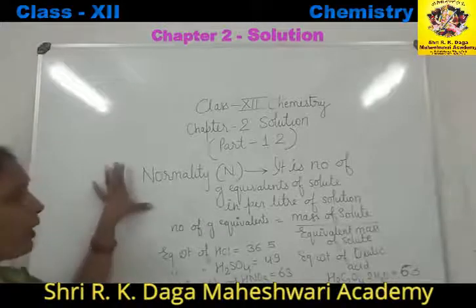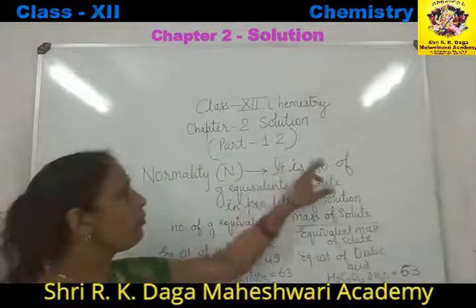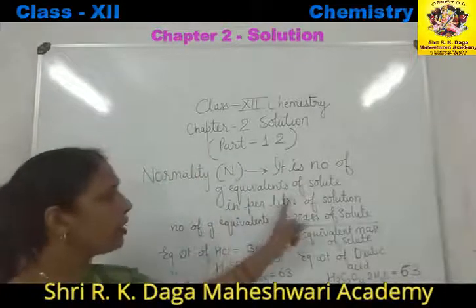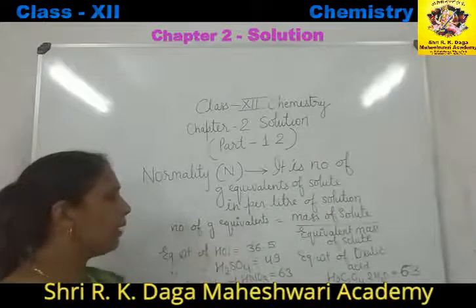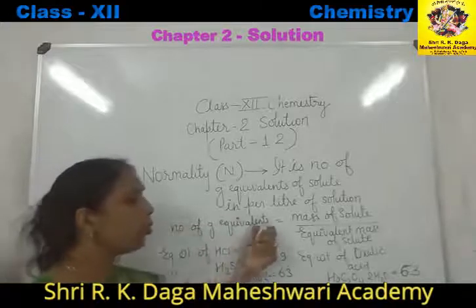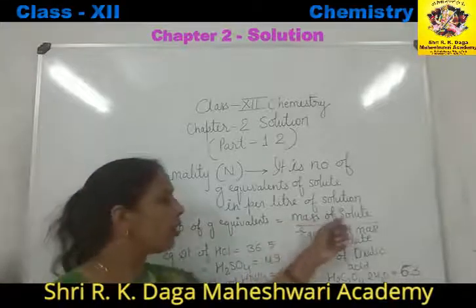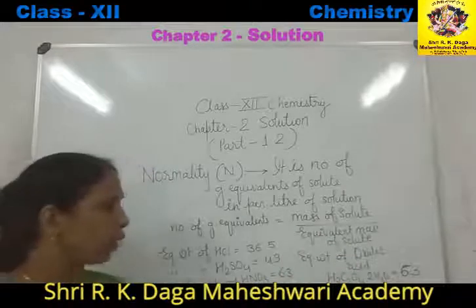So what do you mean by normality? It is the number of gram equivalents of solute present per liter of the solution. Now how can we calculate the number of gram equivalents? It can be calculated by the formula: mass of solute divided by equivalent mass of solute.